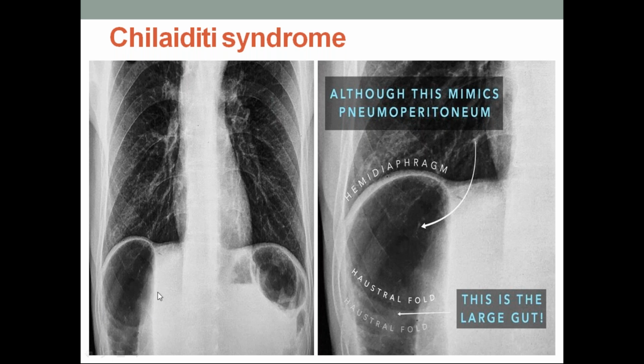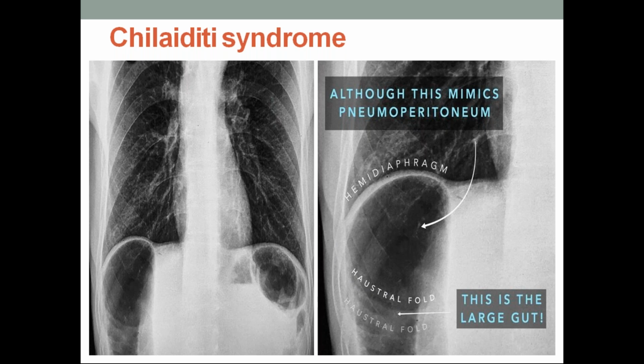We will see a very large amount of air here under the right hemidiaphragm, and the liver is pushed downwards and medially. In this X-ray, what we have to look for are haustral folds within this air pattern. I told you previously for large bowel obstruction, this is how to identify.